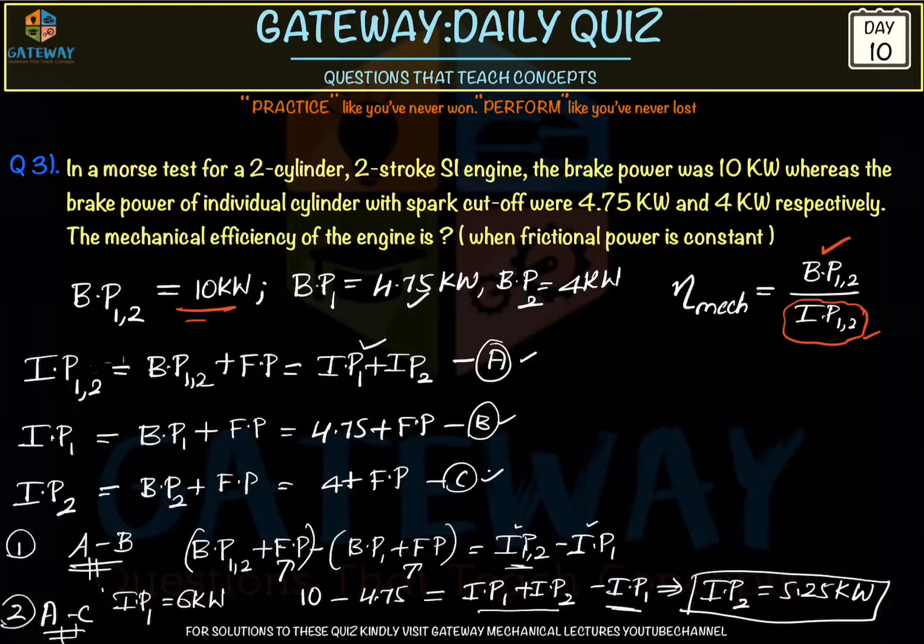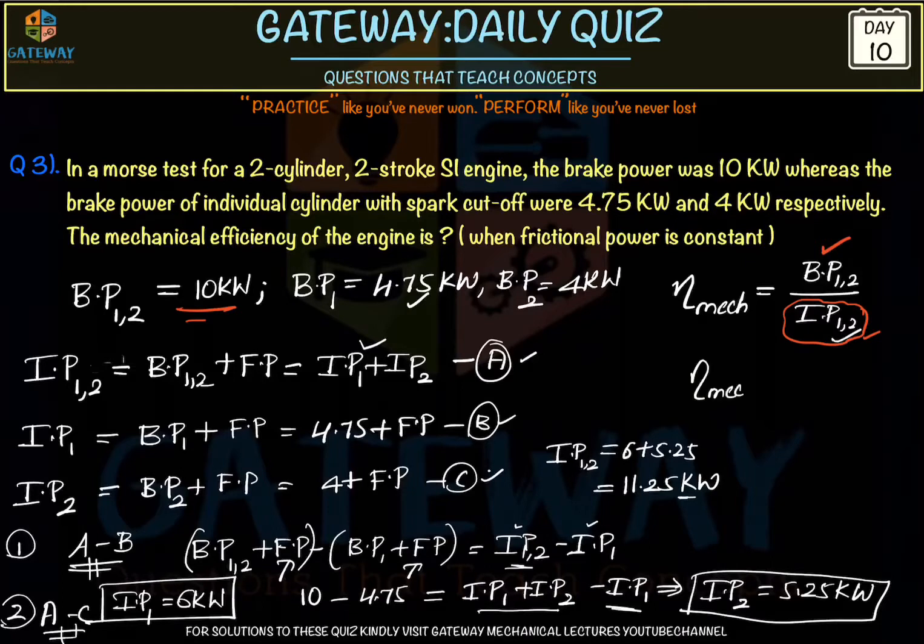Then we'll get the value of IP1 as 6 kilowatts. From that, we can write the value of IP of 1 comma 2, equal to IP1 plus IP2, as 6 plus 5.25 kilowatts, and that comes out to be 11.25 kilowatts. IP of 1 comma 2 was also obtained.